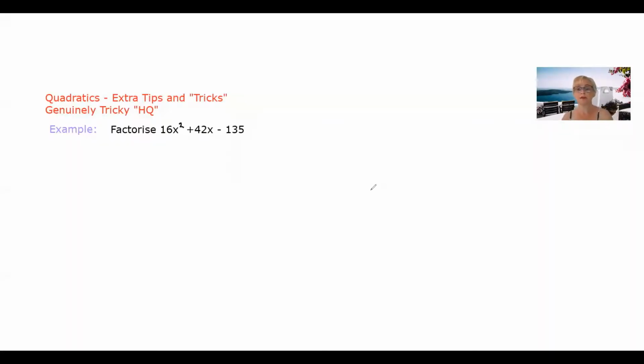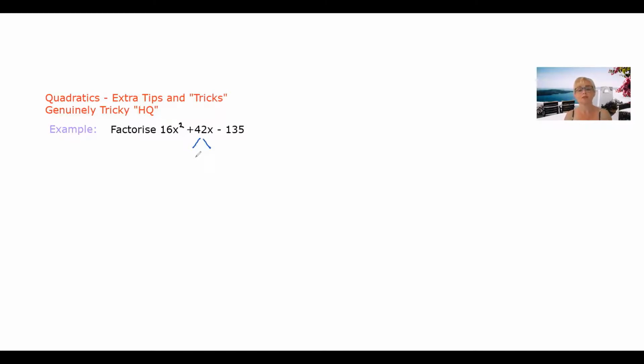All right, so we're faced with a situation where we have a genuinely tricky, harder quadratic, and we're trying to find those magical 2 numbers that will divide our X term in such a way that we can then use grouping to factorize.